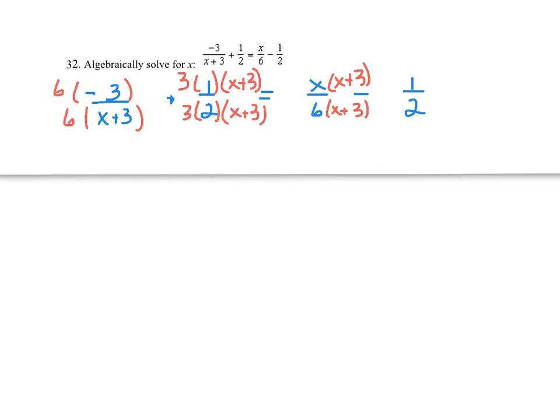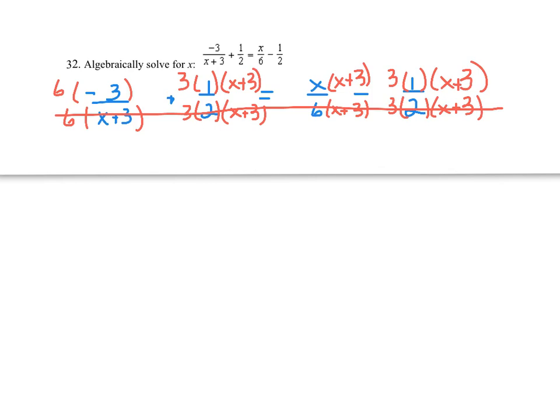And lastly, this 2 needs the 3, so that we get 6 in the denominator there, but we also need that binomial of x plus 3. Now remember, when you have an equation that involves fractions, once you get the common denominator and you've adjusted the numerators, you can cancel out your denominators.